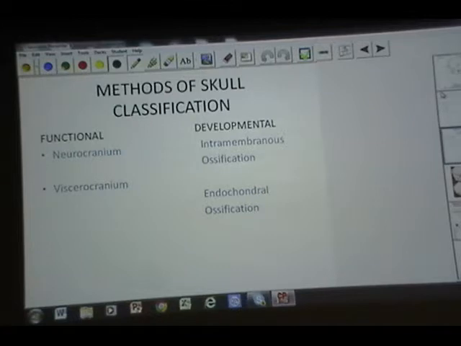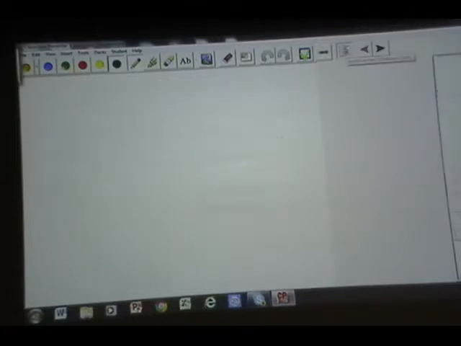So, as I said, I will write it down for you. Here we have bone development, and we have two types of bone development. One is intramembranous.